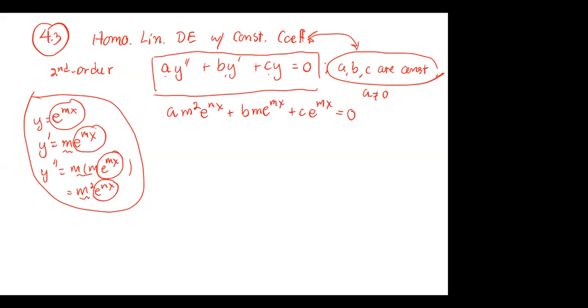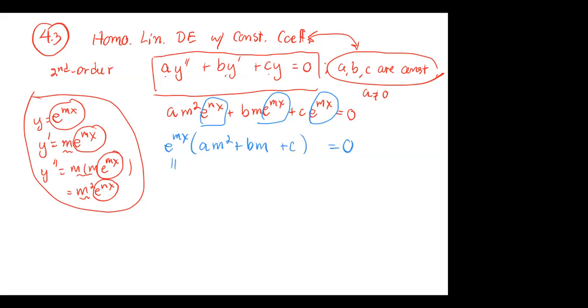All of them have the factor e to the mx, so take e to the mx out. Now we have am squared plus bm plus c equals 0.